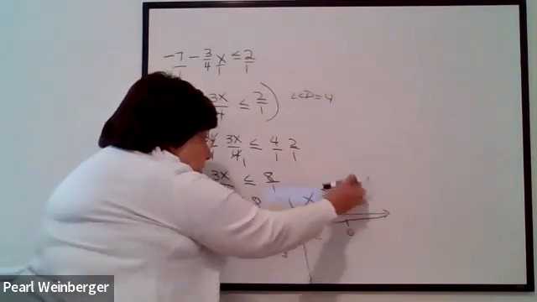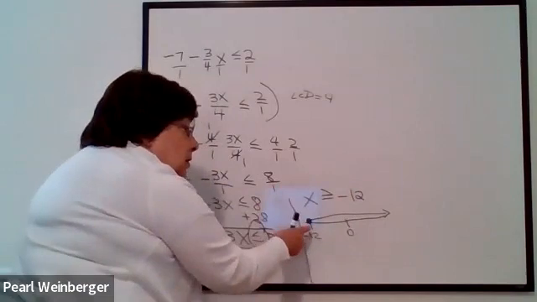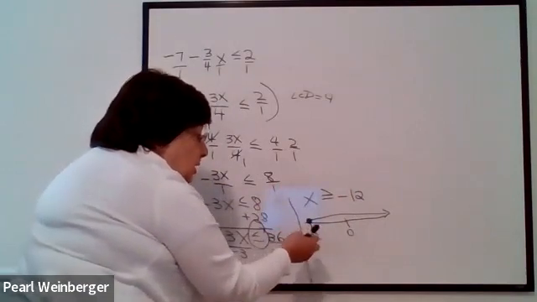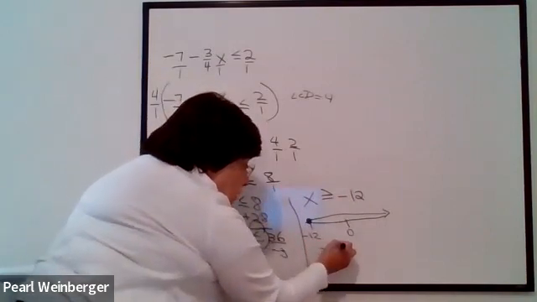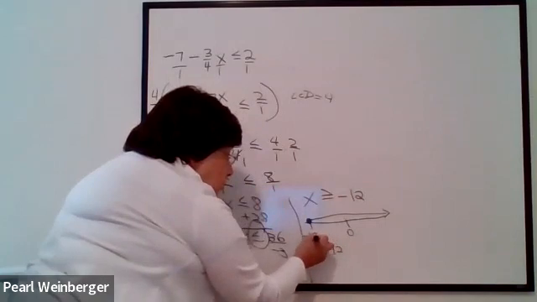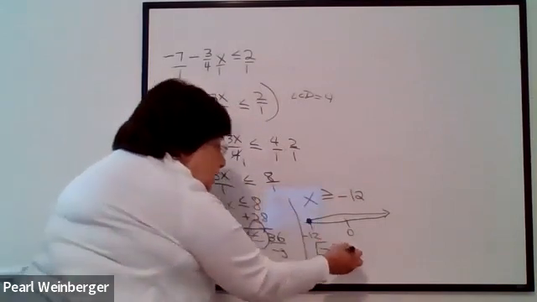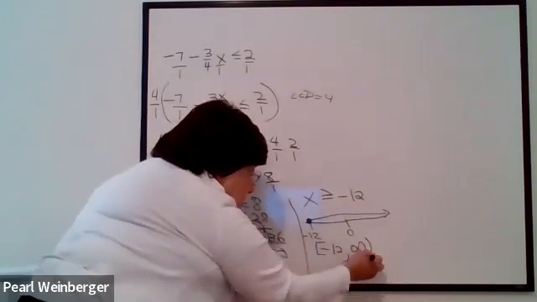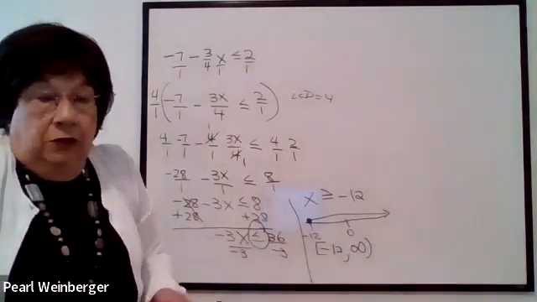Here's my inequality solution, and here's my solution written in interval notation. My first point is the -12. We have to use a bracket with the -12 because it's filled in. And it's going all the way to infinity. And remember, with infinity, we always use a parenthesis.